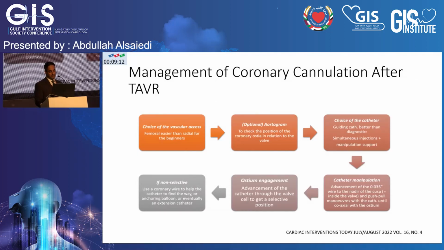General recommendations for cannulation of patients post-TAVR are to start usually with a bifemoral approach. It's going to be easier. Aortogram might be done just to delineate the coronary artery in relation to the valve. Then using guide catheters is recommended rather than diagnostic catheters.